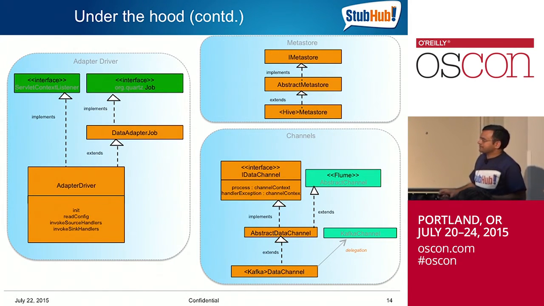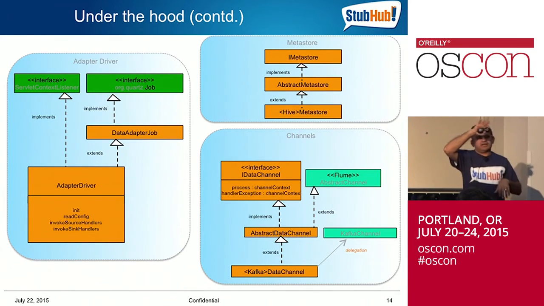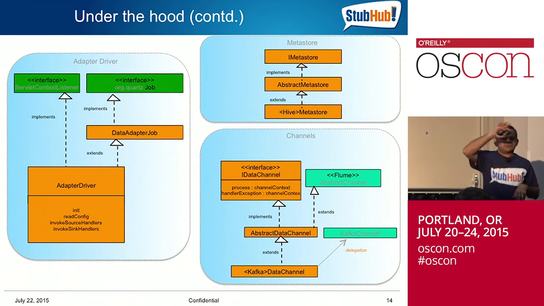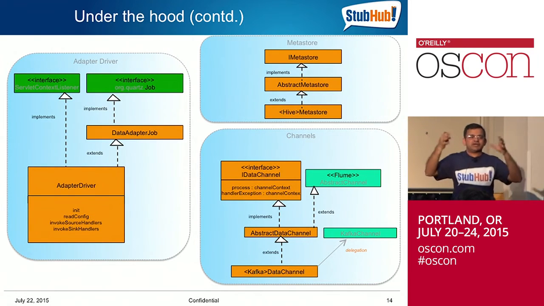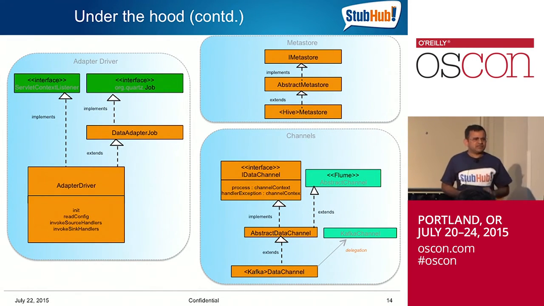Finally, the adapter. This is again a fixed set of classes that come out of the framework. Remember in the architecture diagram I showed at the high level that there is an adapter configuration, which is just stringing together a bunch of these handlers. It's just configuration. You don't write code for that, because we have written the code that invokes your handlers based on the configuration.